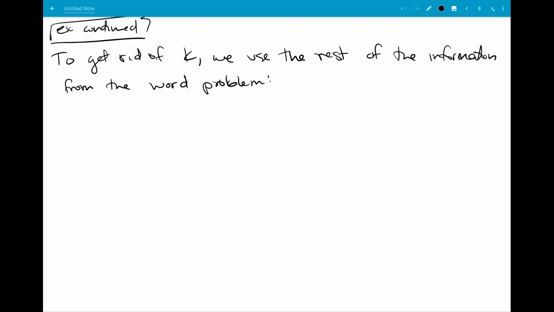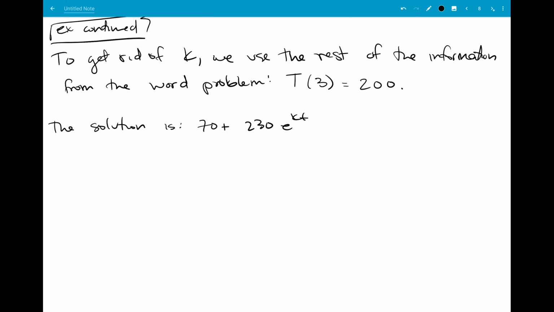That's information that we have not used yet, and we need to now. So the temperature at 3 should be equal to 200. We have the solution from the last page, 70 plus 230 e to the kt is the temperature, and we want T of 3 equals 200.